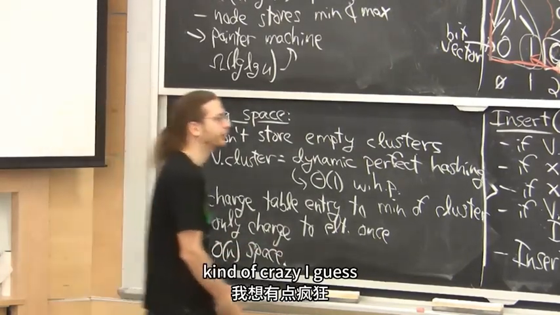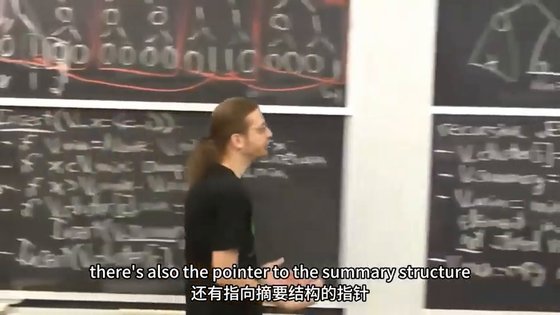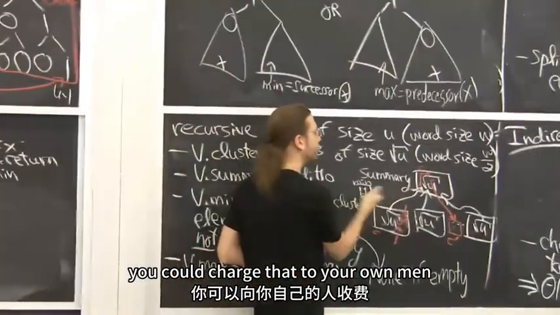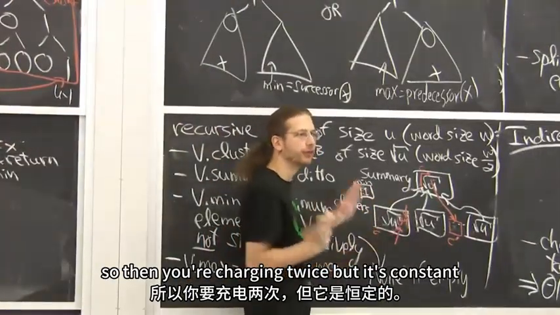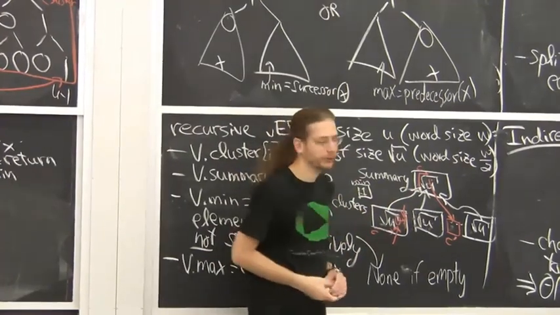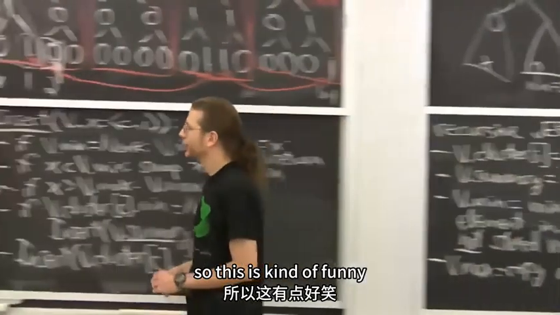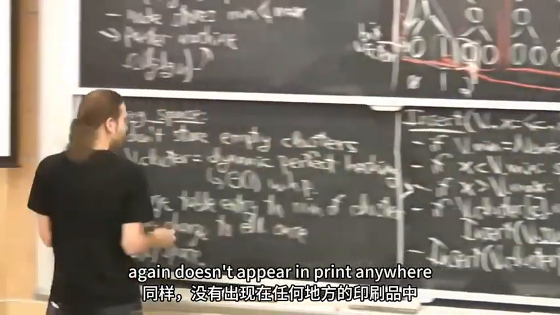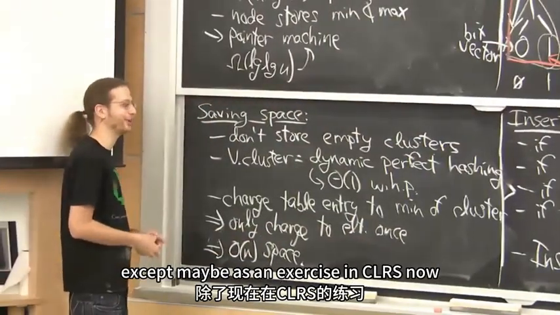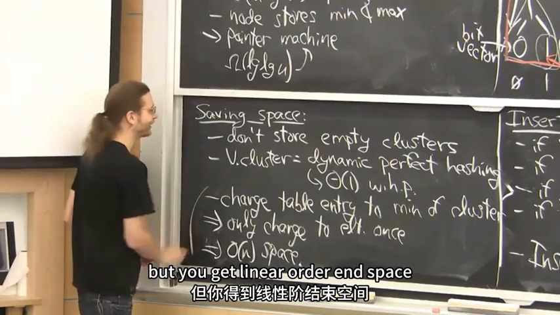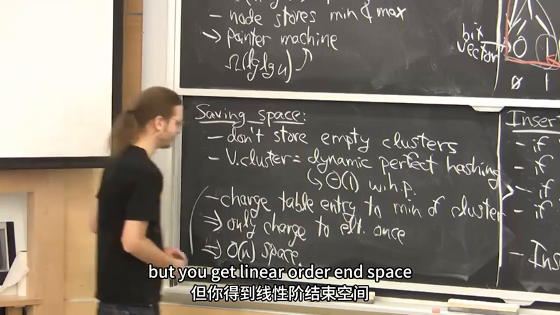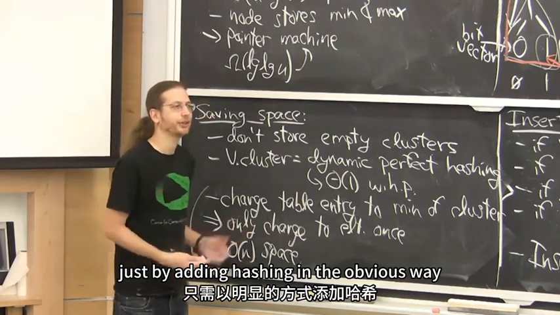Kind of crazy. I guess if you want, there's also the pointer to the summary structure. You could charge that to your own min, so then you're charging twice. But it's constant per item. So this is kind of funny. Again, it doesn't appear in print anywhere, except maybe as an exercise in CLRS now. But you get linear order n space just by adding hashing in the obvious way.